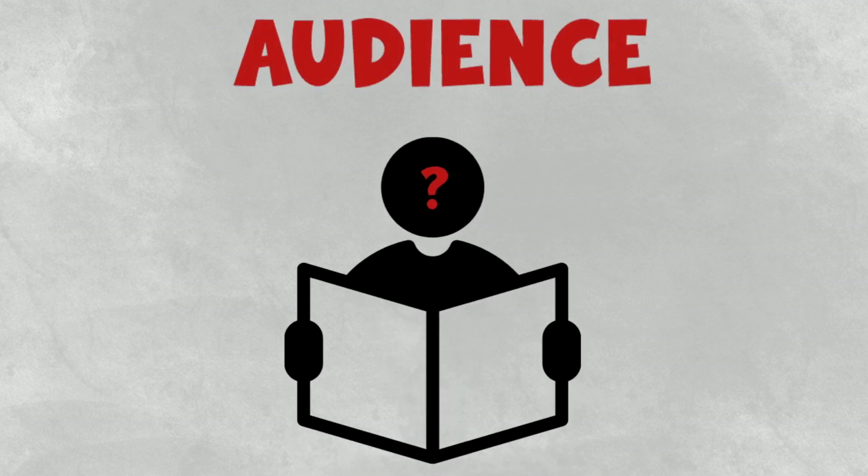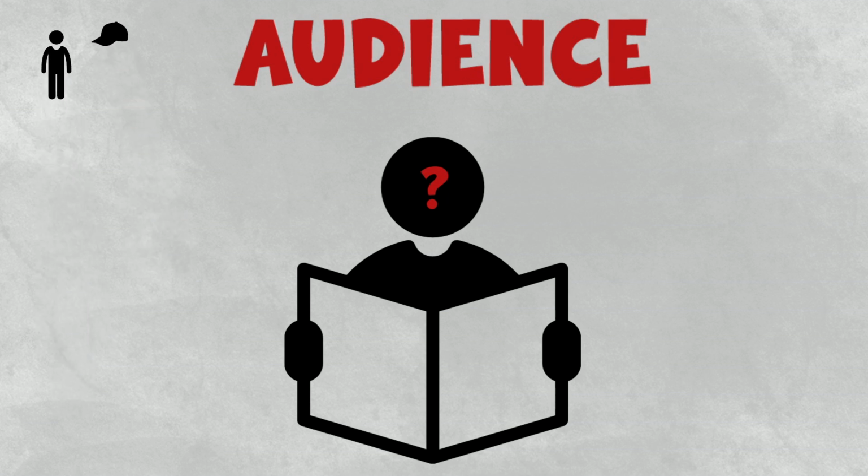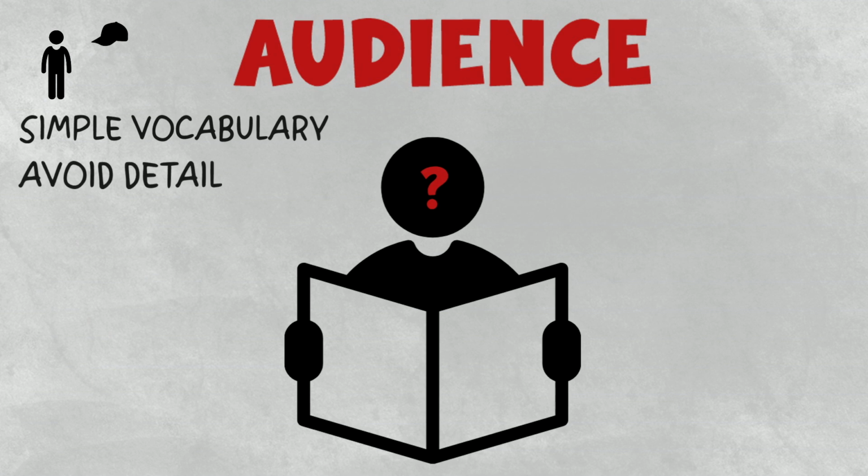Now, before we start writing, it's important to think about who our audience is, as this affects how we write the explanation. If we're writing for younger or less knowledgeable readers, we'll need to use simple vocabulary and avoid adding too much detail, which might cause confusion.